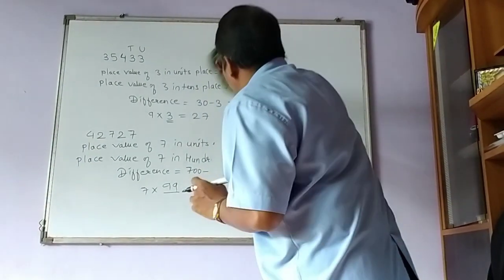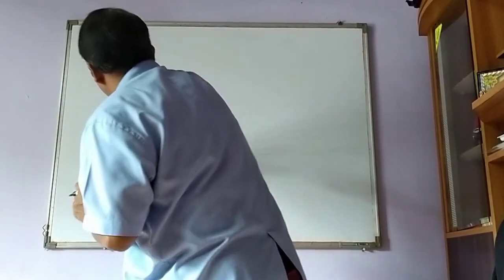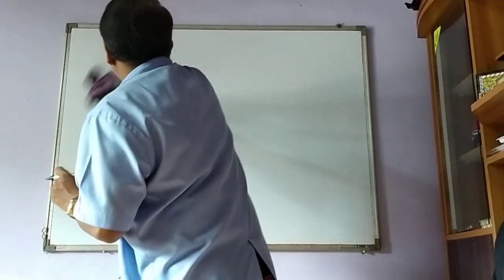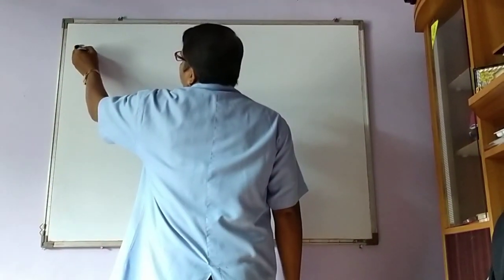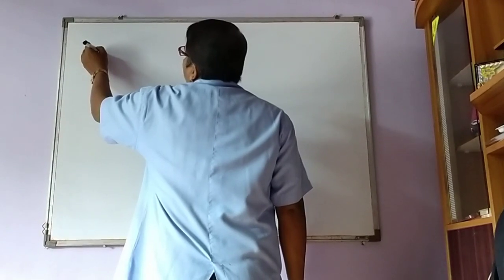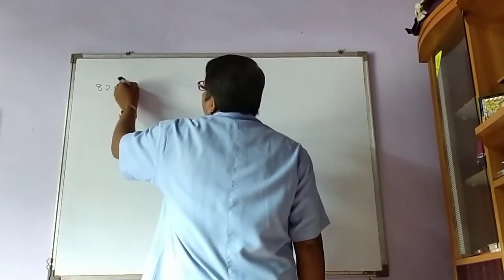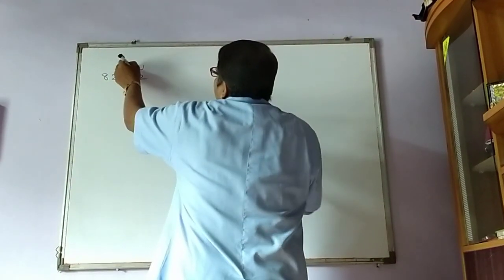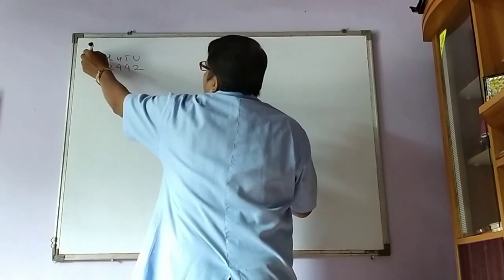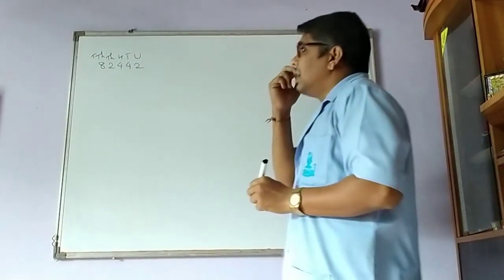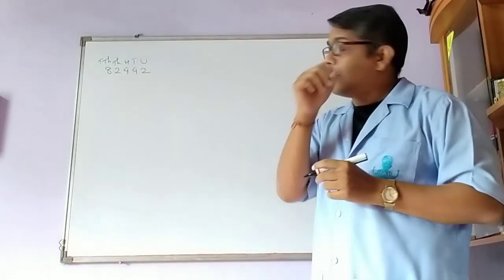Now, let us take another example, when the same digits are there in tens place and hundreds place. For example, now you can see here unit, tens, hundred, thousand, 10,000. Now in the hundreds place and tens place we have got the same digits, right?